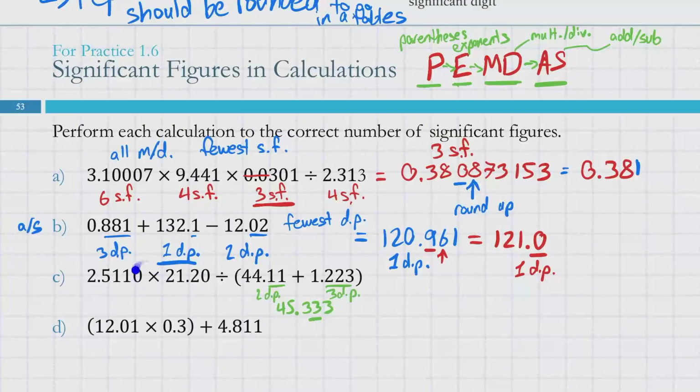Then we can do the rest of the calculation. So we've got our multiplication and division. What's our rule for multiplication and division? Fewest number of significant figures. So this 45.33, we're now counting it for significant figures. It's got 4. Our middle number also has 4.